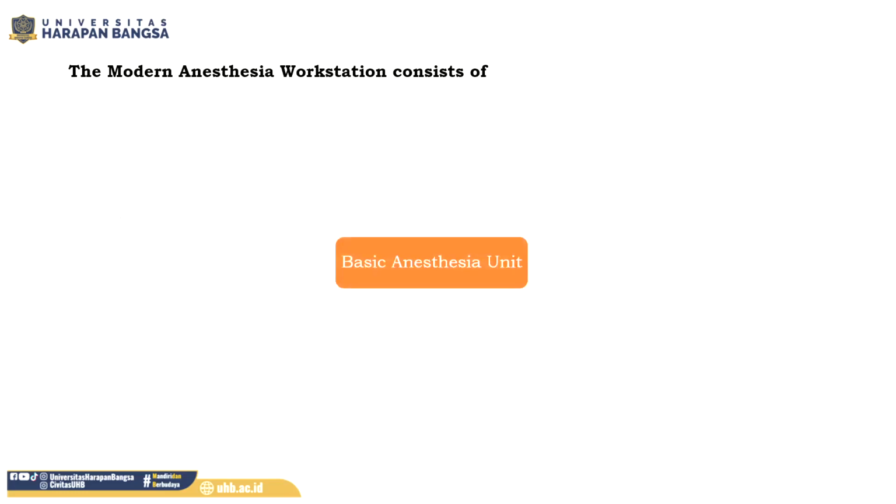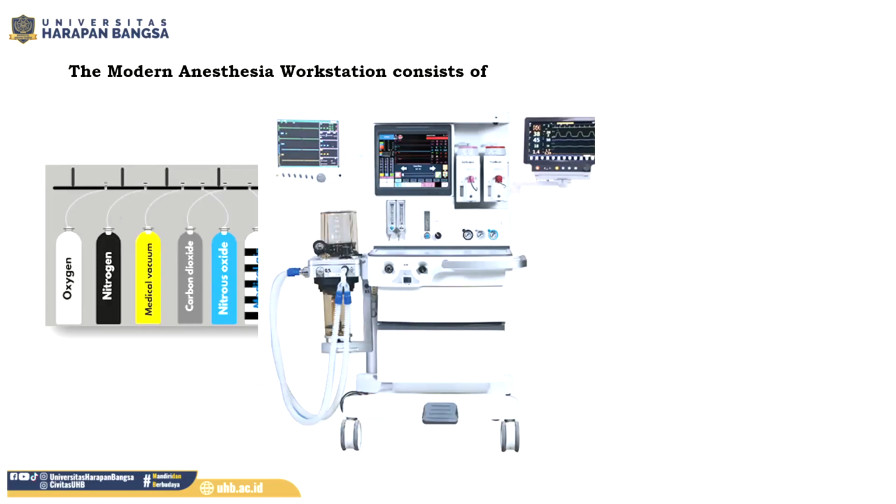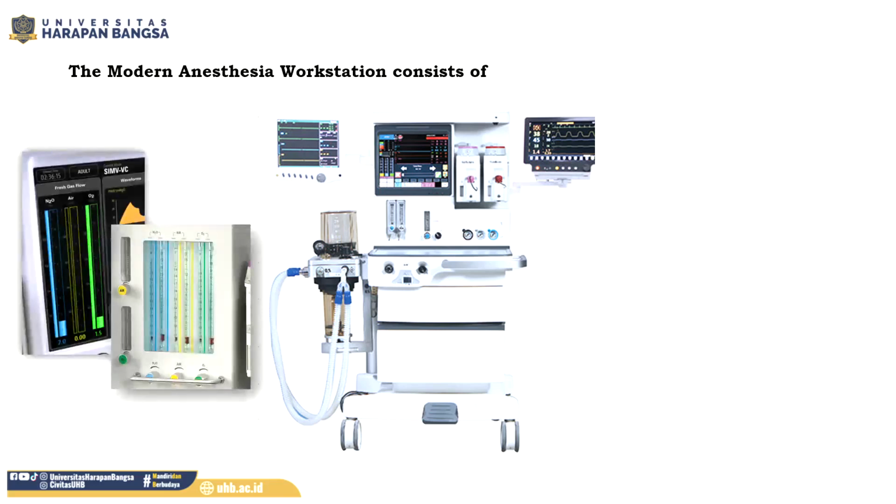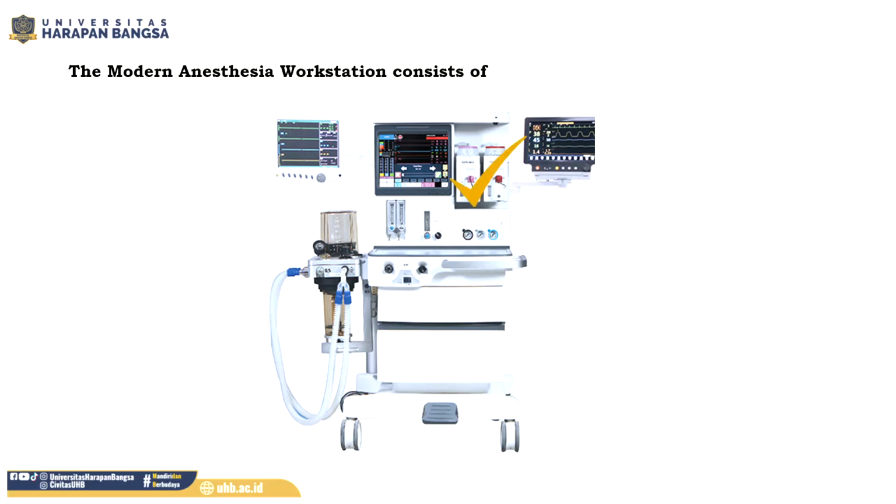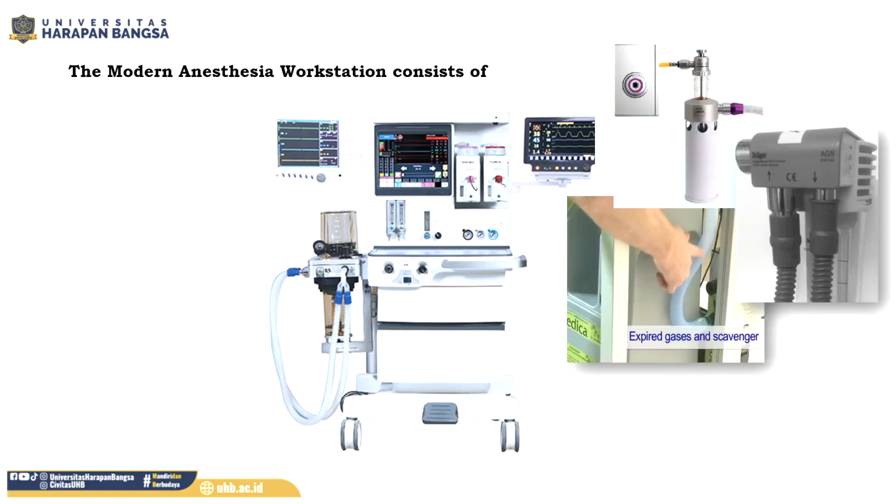Okay, so the next one is the modern anesthesia machine. This anesthesia workstation consists of the basic anesthesia unit that you have watched in the previous slide. We have gas supply or gas delivery, and then flow meters, vaporizers, breathing circuit, and scavenging system.